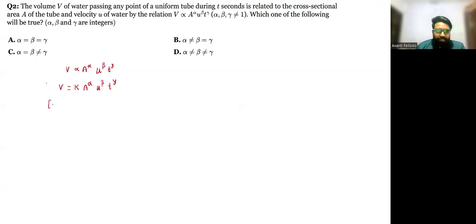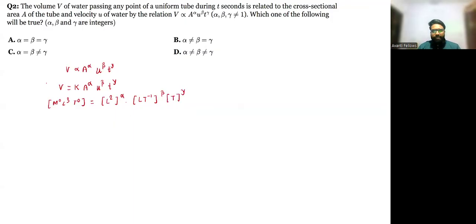We know that the dimension formula of volume is M0 L3 T0. Now K is a constant, so there will be no dimension to this constant. Here, the dimension of A is nothing but area, which is L squared raised to the power alpha. u is velocity, which is nothing but L T minus 1 raised to the power beta. And here time itself is T raised to the power gamma.